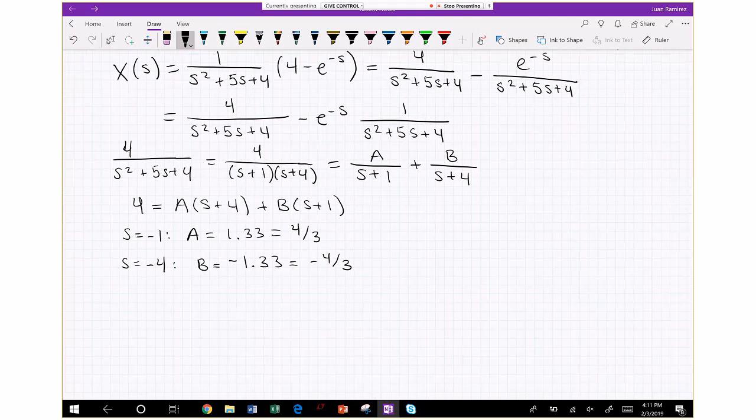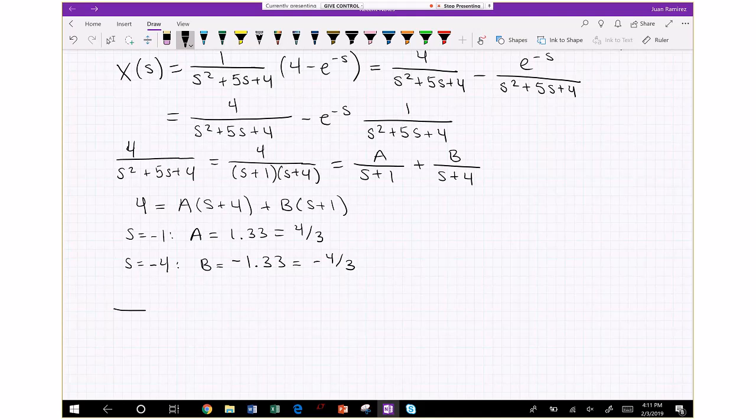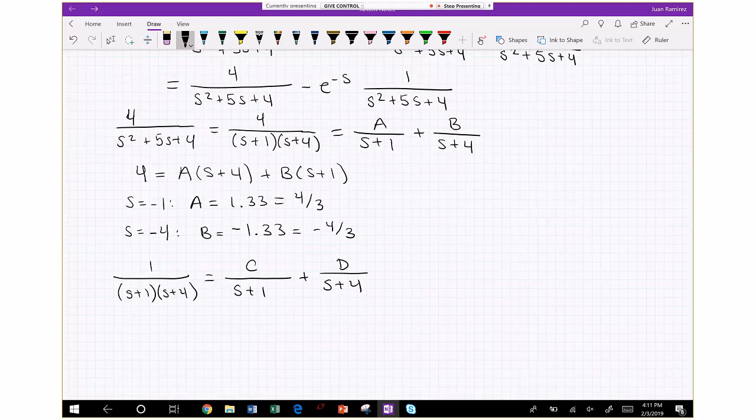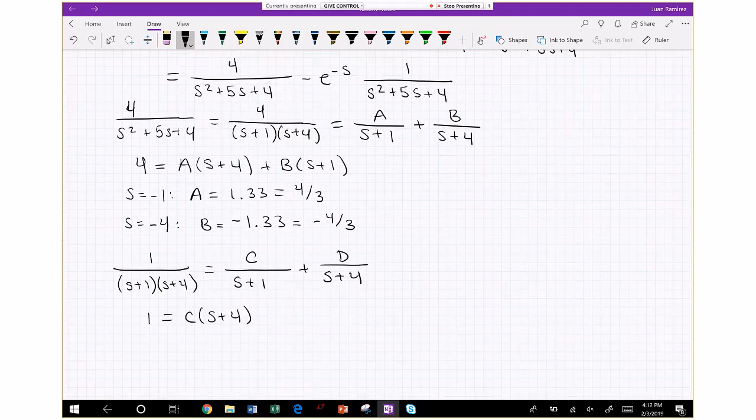So you end up with 1 over, and then we simplify that denominator again to two factors, (s plus 1) times (s plus 4). And then I'm going to call these c over s plus 1 plus d over s plus 4. And finally, create a common denominator, at which point the numerators are equal.